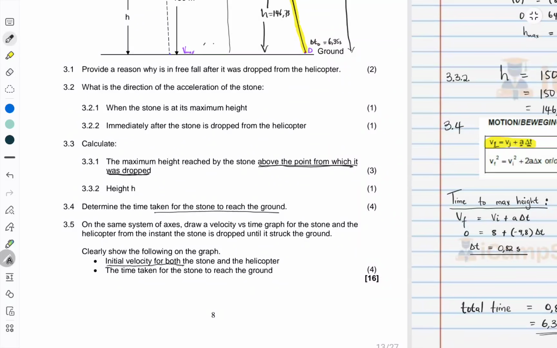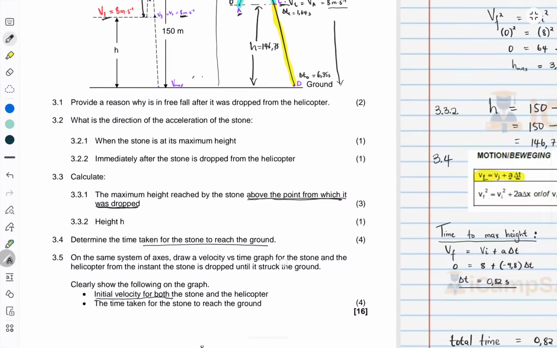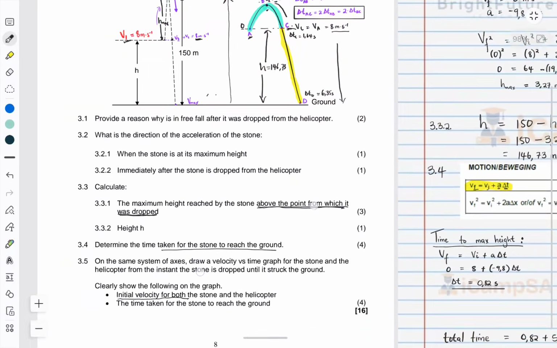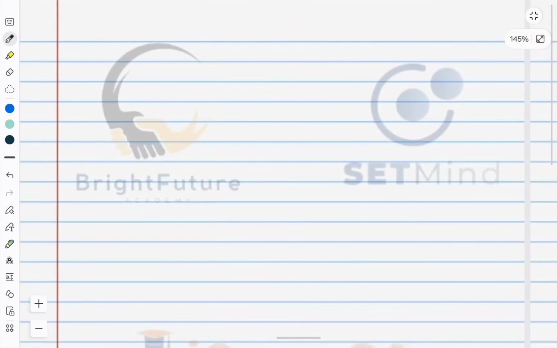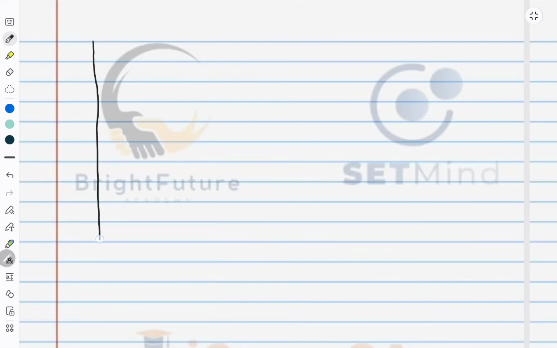Right, and then the time taken for the stone to reach the ground, which is the 6.35 seconds we just calculated. Okay, so they want us to show the initial velocity of the helicopter, and so usually you would start by saying velocity.